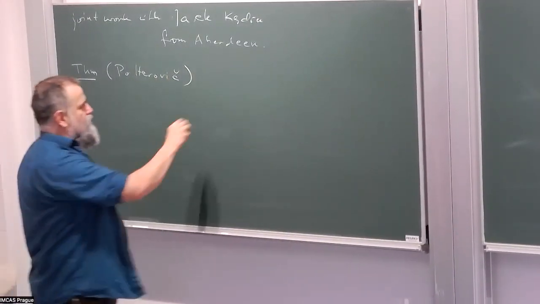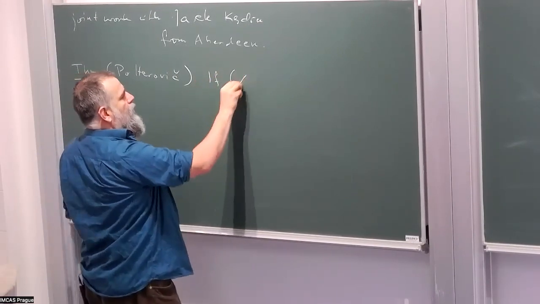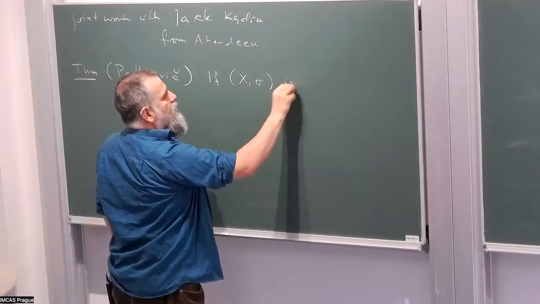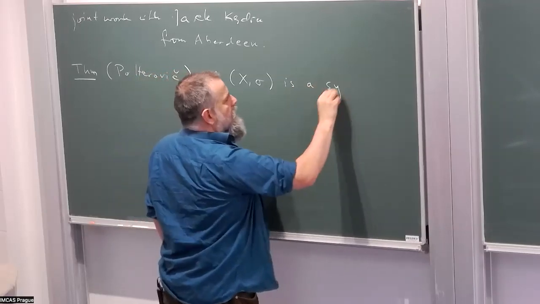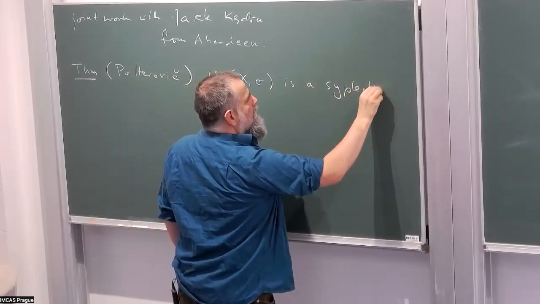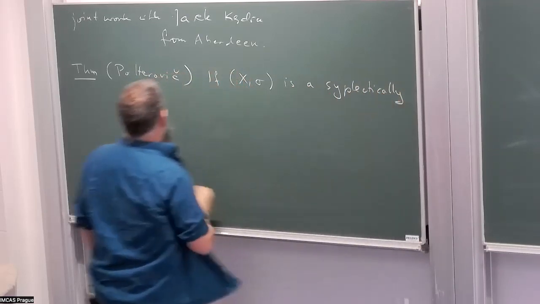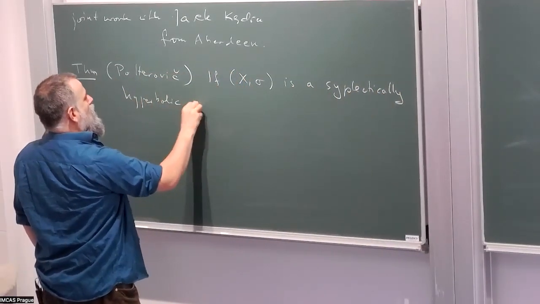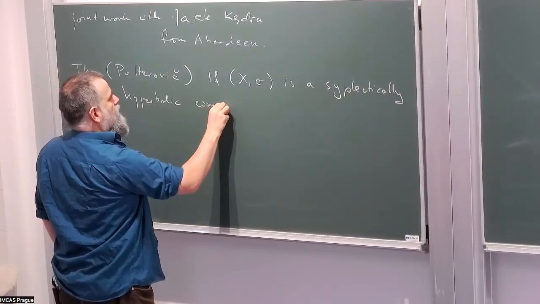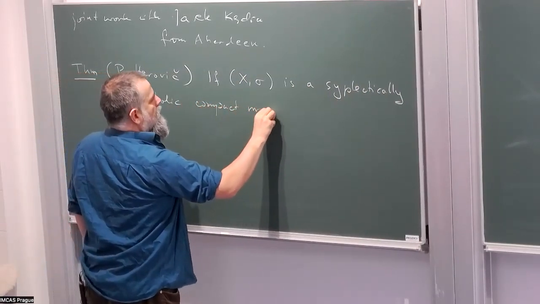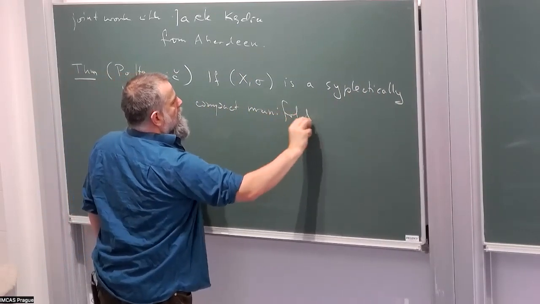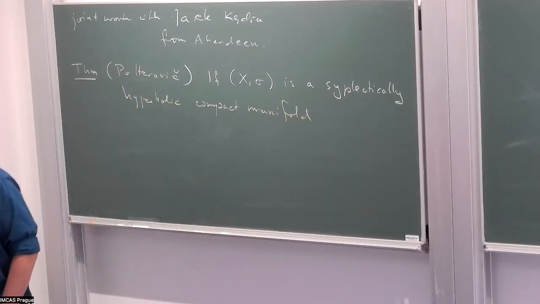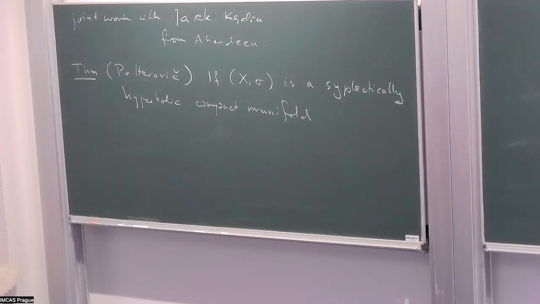It says that whenever (X, sigma) is a symplectically hyperbolic compact manifold, and I shall stop with the theorem at this place because I think there are things I should explain.